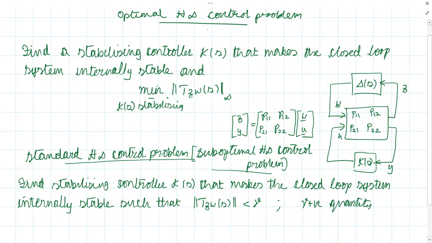So this optimal H infinity control problem is a hard problem. It is not easy to solve. So what people do is go for the standard H infinity control problem, which is also the suboptimal H infinity control problem. Here we need the norm of T Z W to be less than gamma, where gamma is a positive quantity.